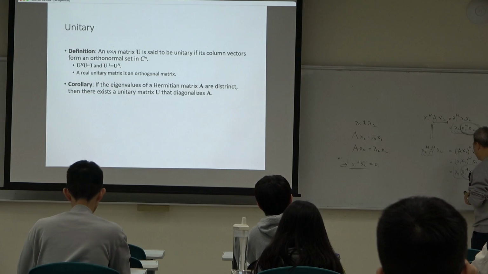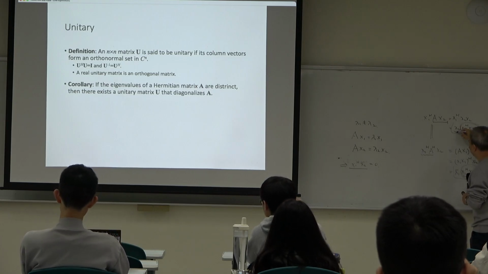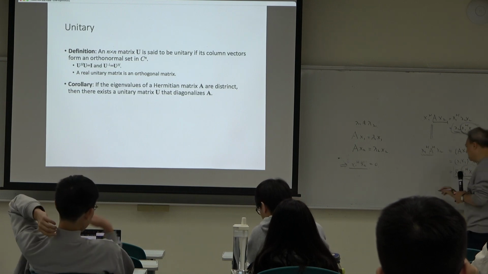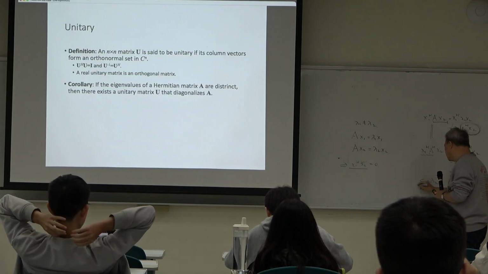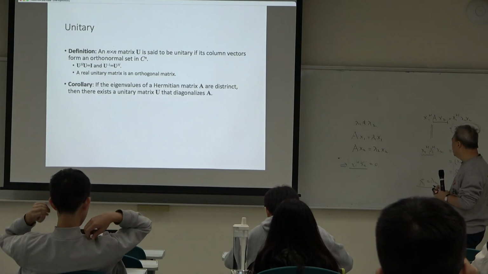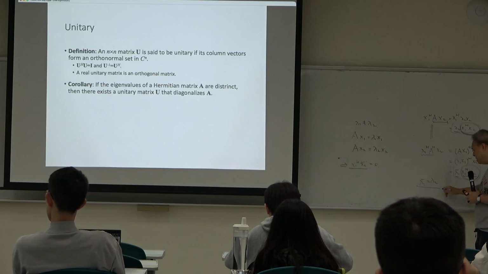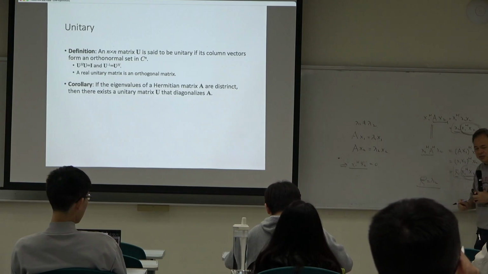So if this one is non-zero, the only possibility is that lambda 1 conjugate equals lambda 2. But we just said lambda 1 and lambda 2 are different, right? There's a small problem here because we have the conjugate.